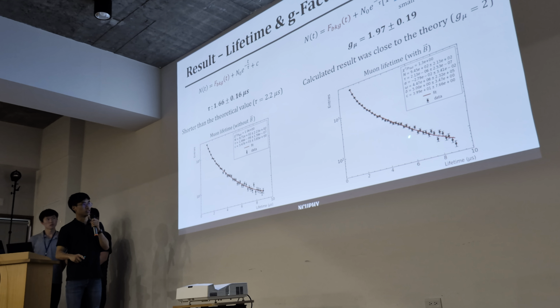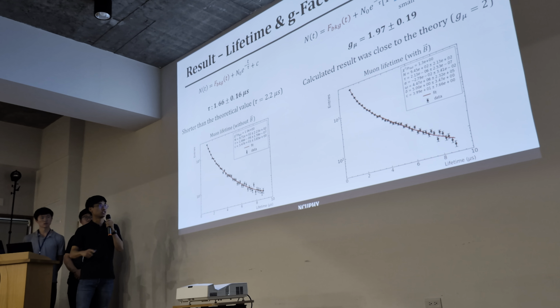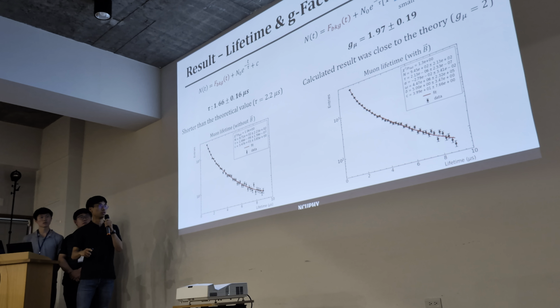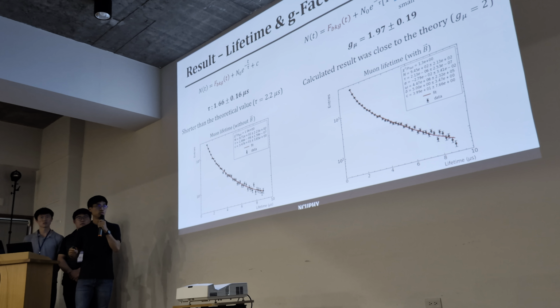And you can see from here, at longer lifetime, a small oscillation appears. We find the precession frequency through fitting with its function and calculate the g factor of the muon. The calculated result was 1.97, which is really close to the theory, g_mu equals 2.